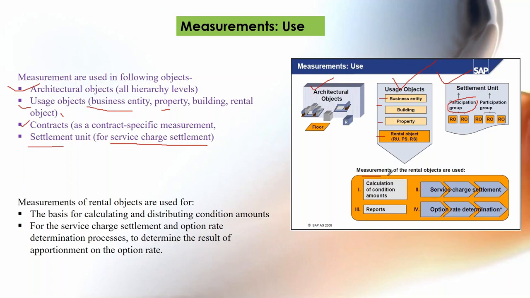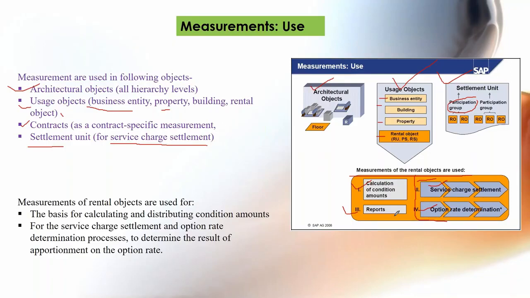Measurement on the rental object are used for calculation of condition amount and reports. Then service charge settlement, option rate determination. So I'm just keeping aside these two options, but as of now, to understand these two things, calculation of condition amount and reports. Reports: whatever measurement you are defining on the rental object, you can say this is my total area which I have as of now available to rent out.